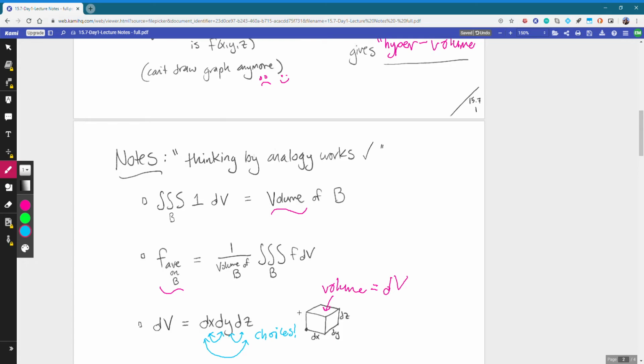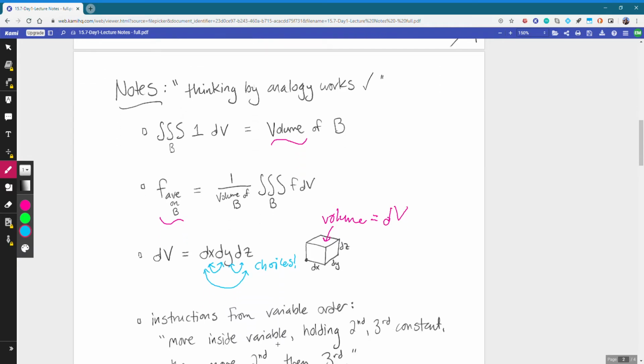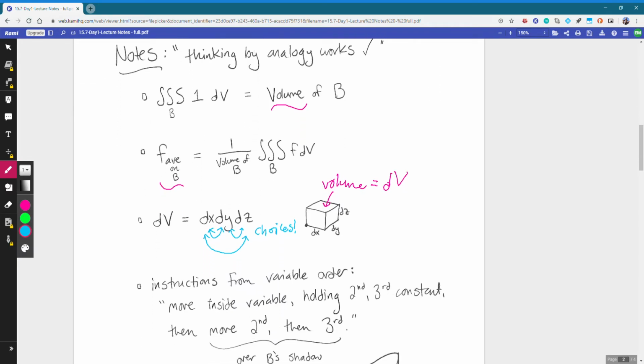And before we get to how to choose a nice order, let me first say that the instructions that we get from a particular choice of order are completely in analogy with what we've seen with double integrals. And so the instructions from the variable order, once we've chosen that, we're going to take our inside-most variable first, moving that, holding the others constant.